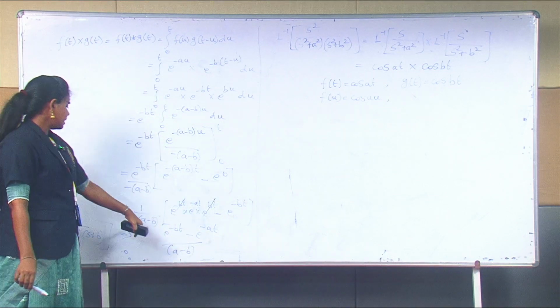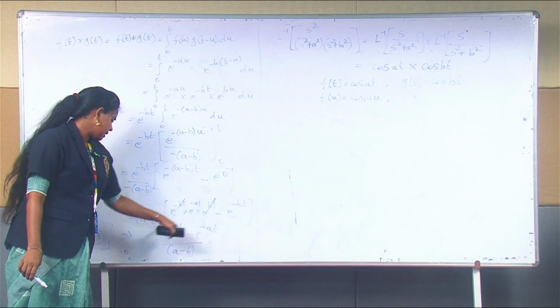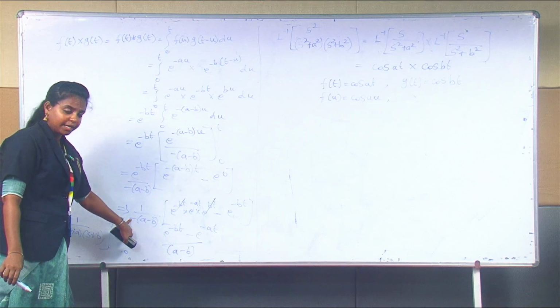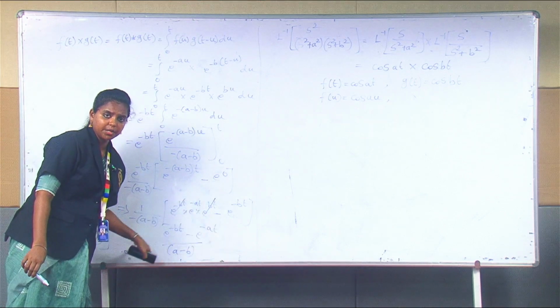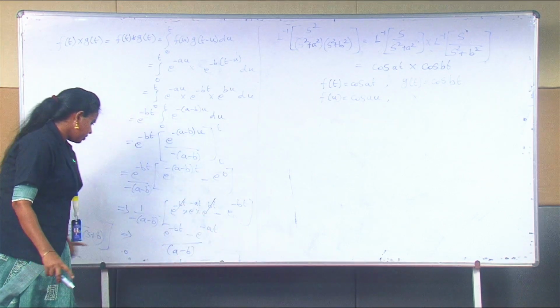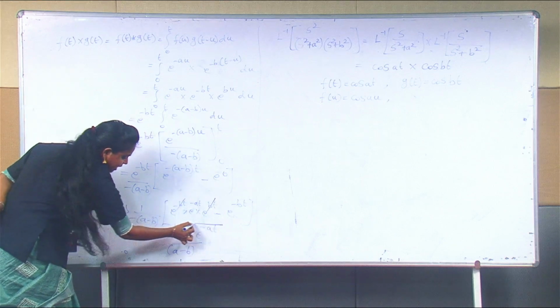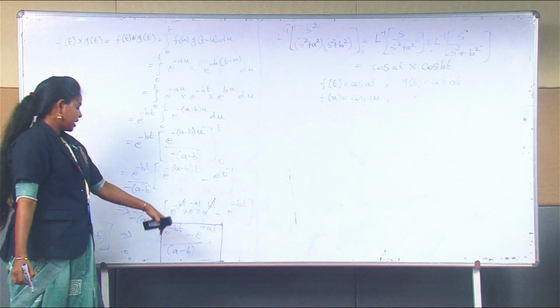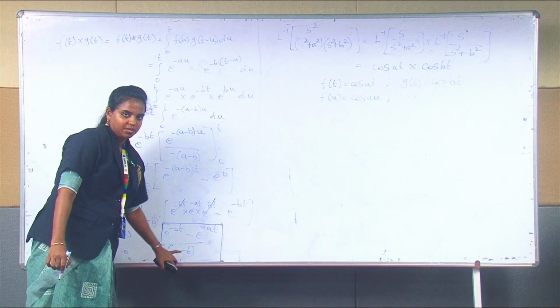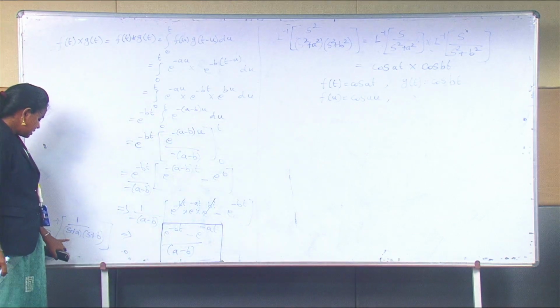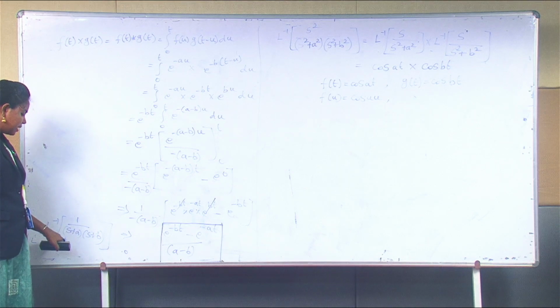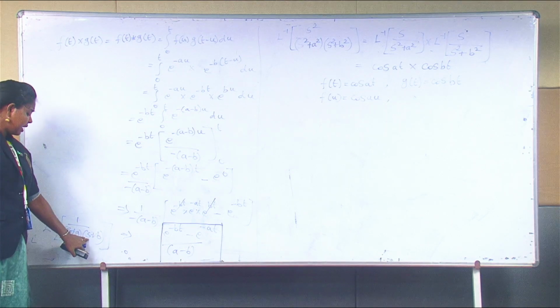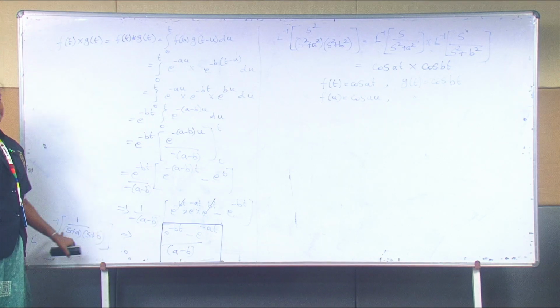Here we have one negative, and we multiply that negative too. Finally, we get the term e power minus bt minus e power minus at divided by a minus b, which is the answer for L inverse of 1 divided by s plus a into s plus b. So, this is the general format.